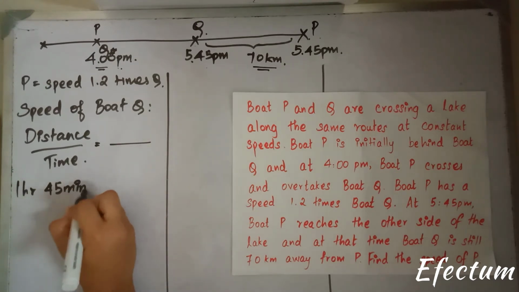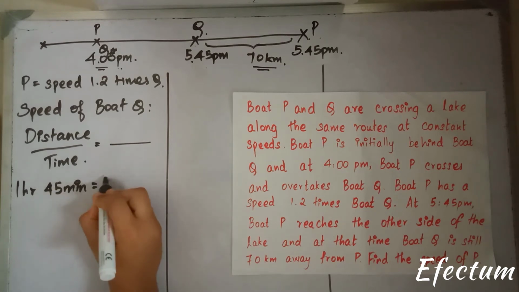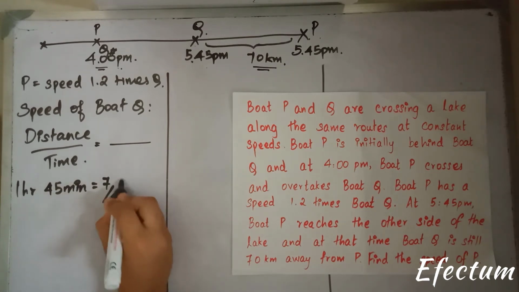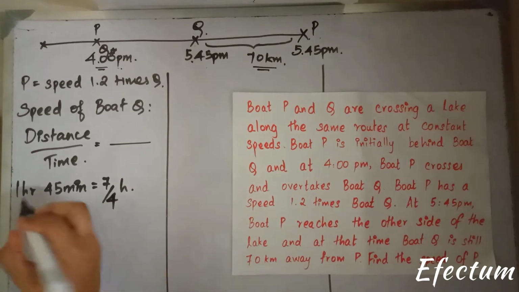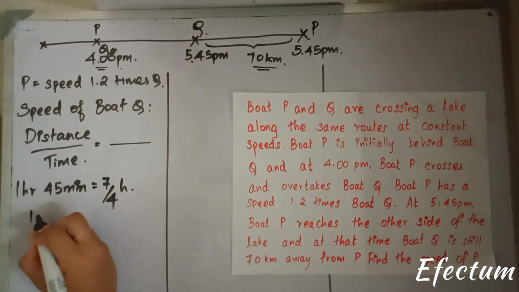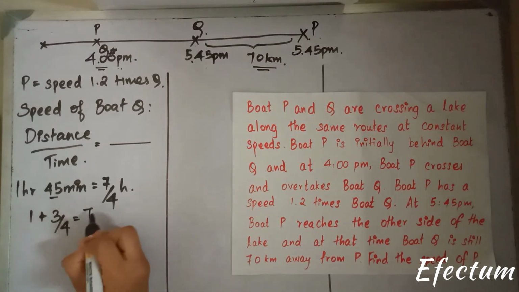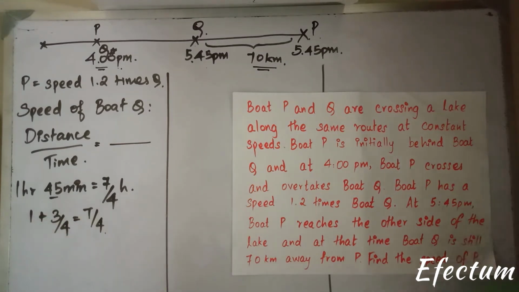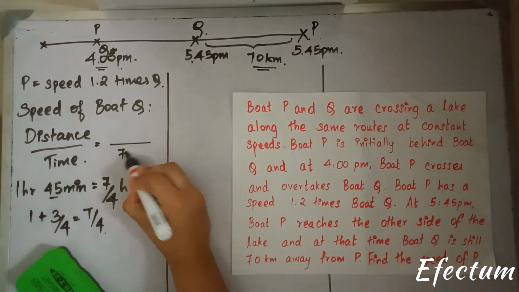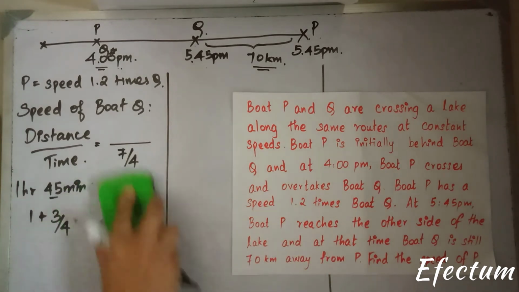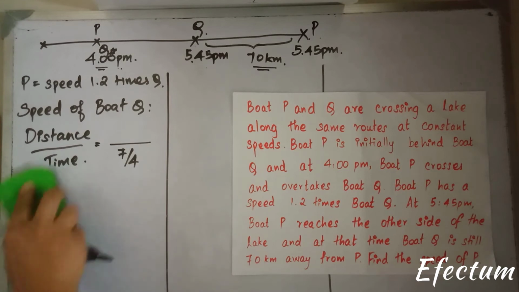Now we can write 1 hour 45 minutes as 7/4 of an hour. Why? Because this is 1 hour plus 45 minutes, which is 3/4 of an hour. So this will give us 7/4 of an hour, because everything is in the form of hours over here.